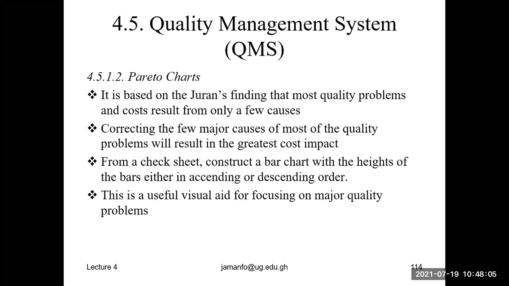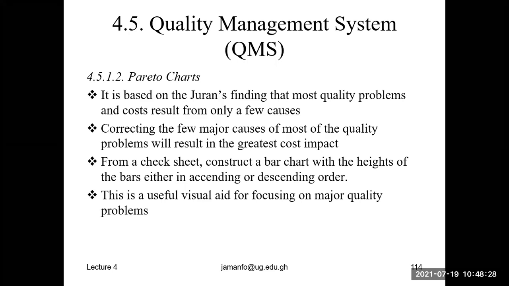Okay. So that is the fundamental aim of the Pareto chart, that if the majority of the quality problems are a result of a few causes, and if we can tackle those few critical causes, we can solve a lot of quality problems.